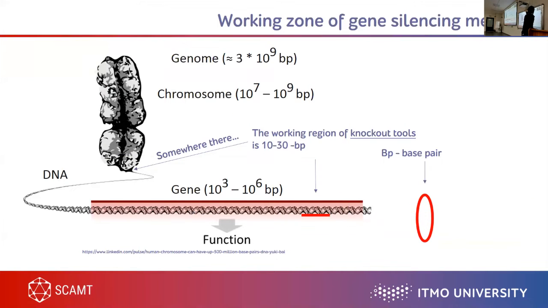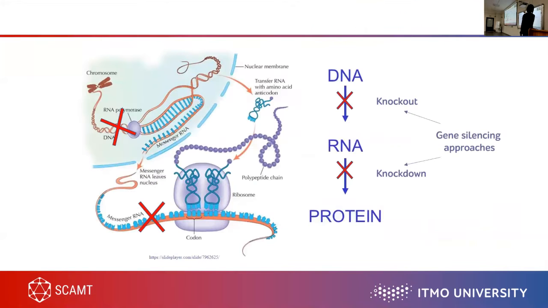The tools that are used for affecting a gene on the level of DNA are called knockout tools. If we affect mRNA, these tools will be called knockdown tools.